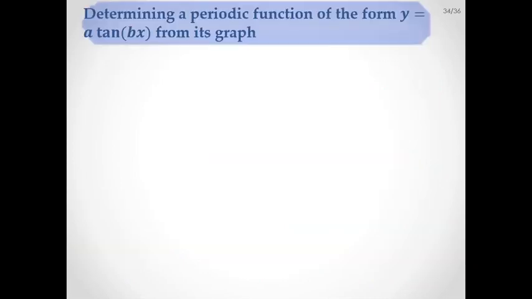Now let's determine the function, a periodic function of the form y equal to tangent bx from its graph.